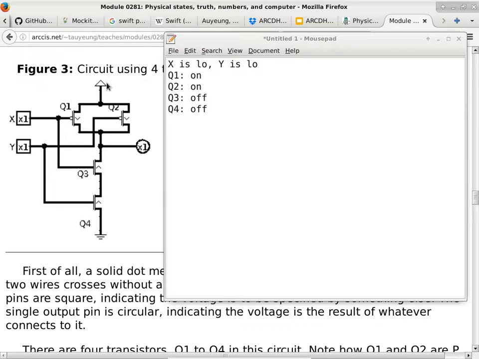But electrons, which are a negative charge, always go from a negative source to a positive source. So in this case, all we really need to know is this is connecting, and since this is connected to here, now logically it is connected to the high voltage source, which is represented by the arrow pointing up. So the actual physical thing can be confusing, so I try to avoid using the actual physical flow.